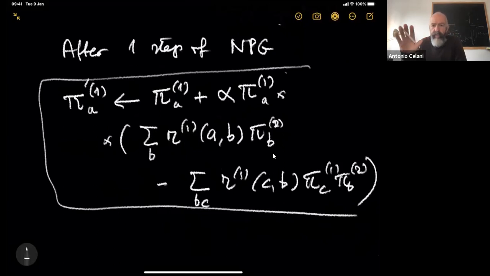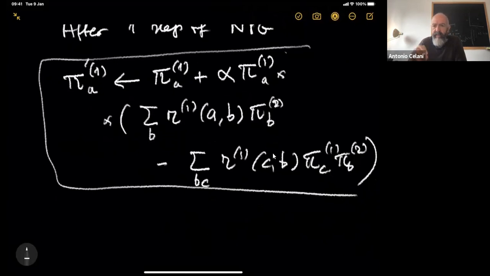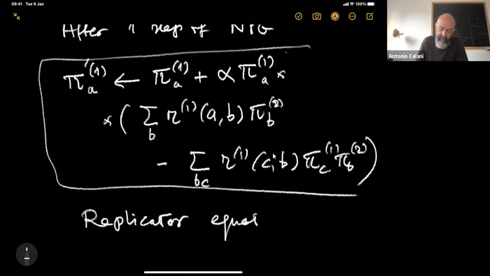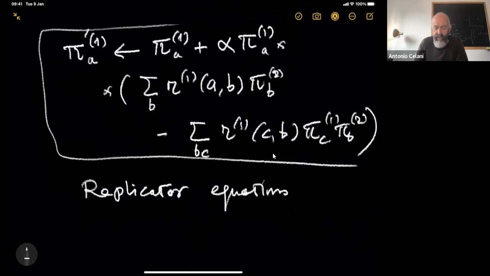So calculations aside, the important conceptual thing is that these equations, maybe they don't tell you anything, but they have a name in game theory, and they are called replicator equations. And these equations are the basis to describe what is called evolutionary game theory.